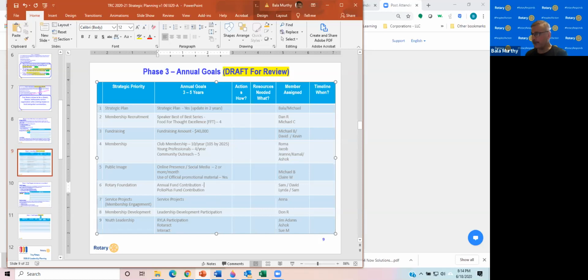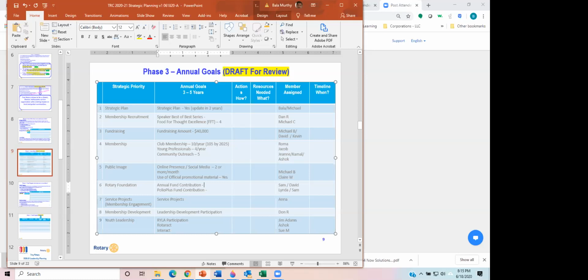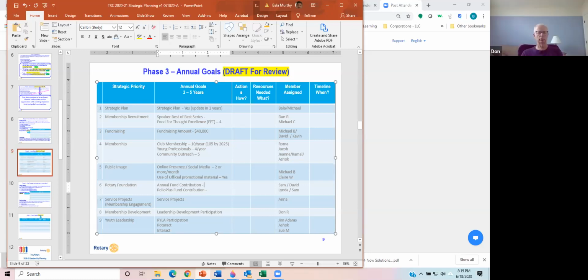Moving along to Rotary Foundation. Annual fund contribution. Dave, you are the expert on this. What should we put as a goal there?